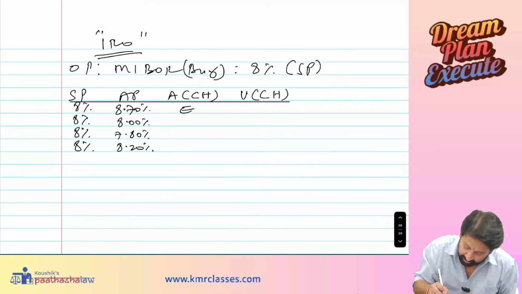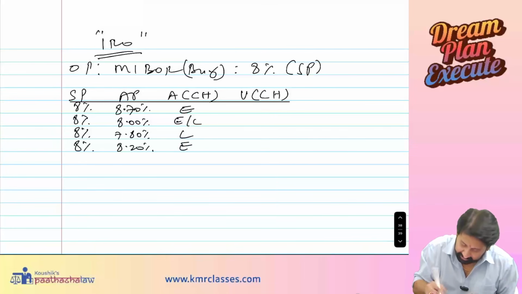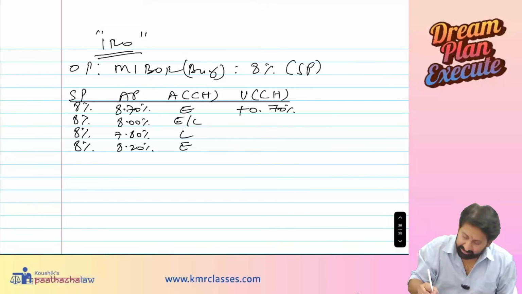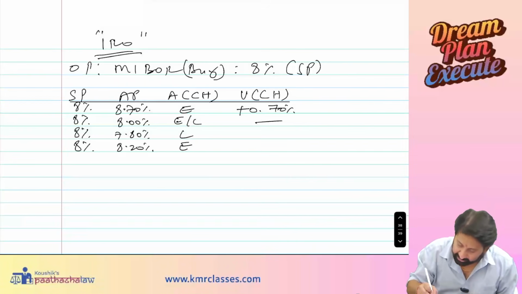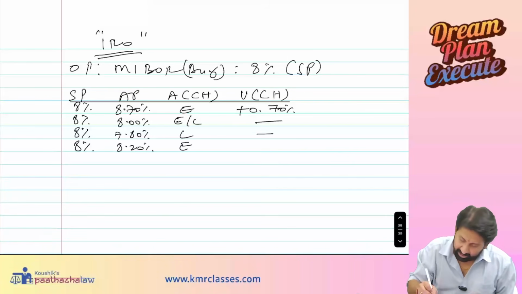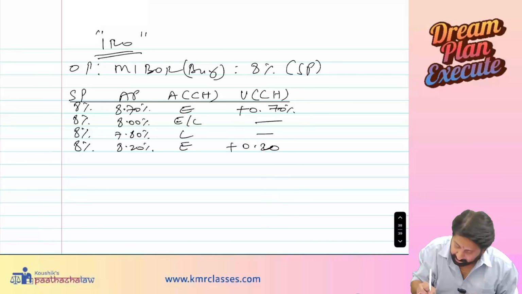Exercise or lapse? Exercise. If you exercise, you will get a gain of 0.7. Swaps also I got it. Second case, nullified. Third case, you will lapse and you will not get any value. No gain, no loss. And here I will get a plus 0.2 gain.